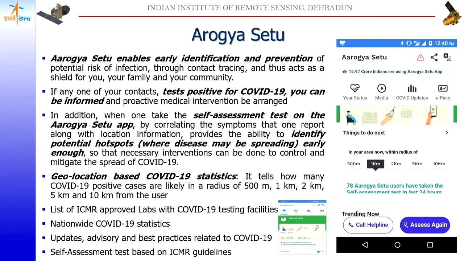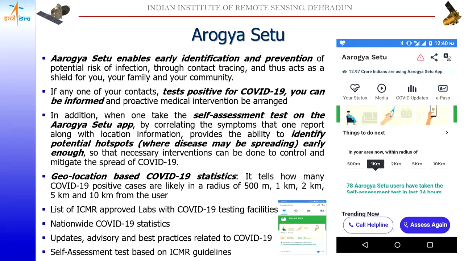It basically enables early identification and prevention. It helps protect our family members from affected people, and it works on Bluetooth-based interaction. Every time we interact, there is a digital identifier for each device, and privacy has been addressed in a very safe manner.